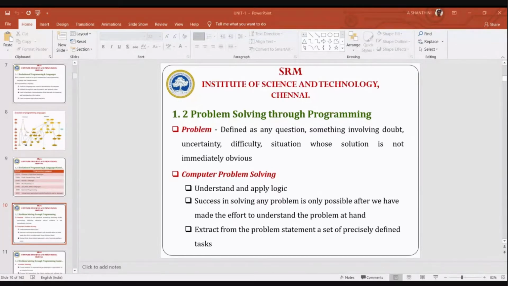Problem solving. So I said that to be list of instructions to solve a problem. You call it in one word, step-by-step procedure to solve a problem, or list of instructions to solve a problem. What is it called as? Solution.